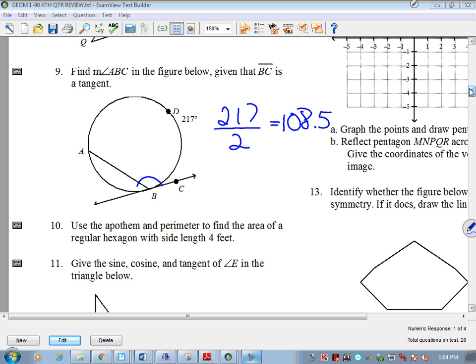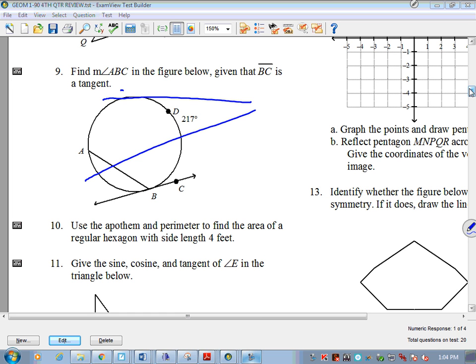Now, question, yes? If there are 2 numbers, how do you know when to add? How do you know when to subtract? You're talking about a different question form. The situation looks like this, where you're given this, and you're given something that looks like this.